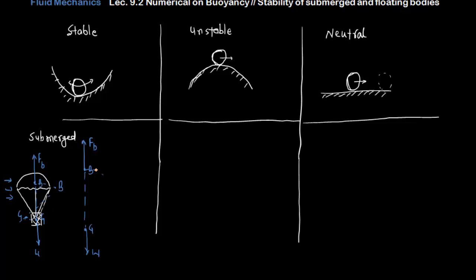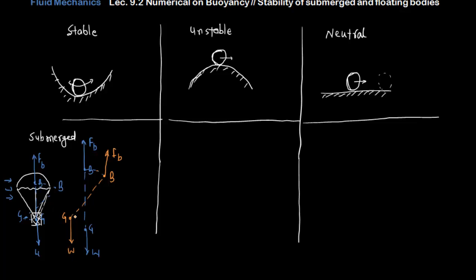Point B is going to be here, and point G is going to shift here. In this case the buoyant force will act in the upward direction here, and the weight is acting over here.